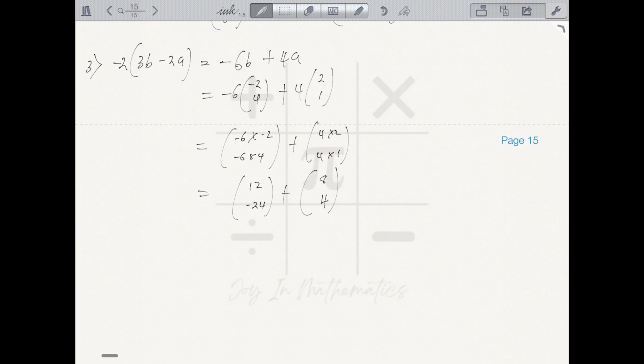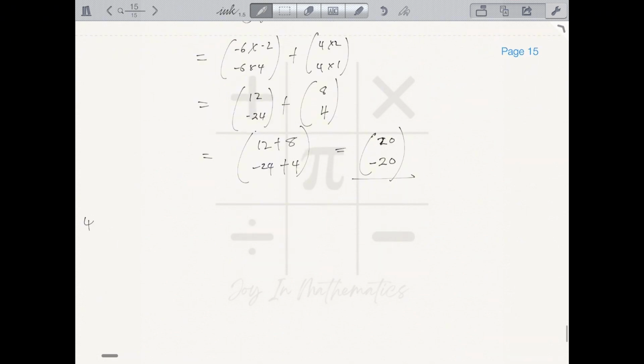Simplifying this now, we have 12 plus 8 and -24 plus 4, and this will result into 20 and -20. So we have simplified question 3 to give us (20, -20).